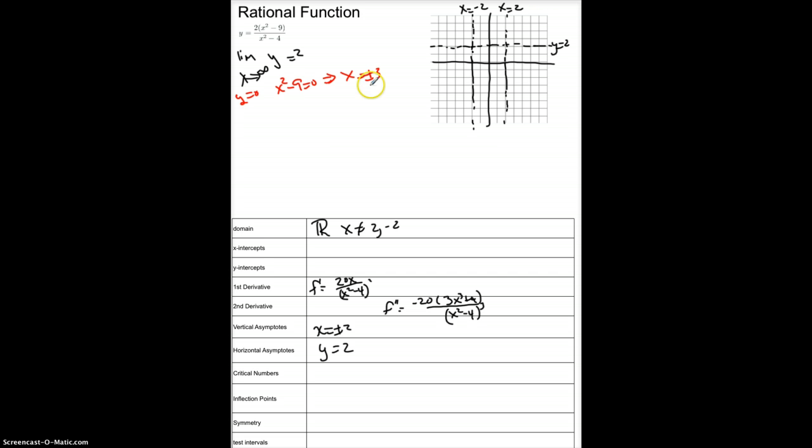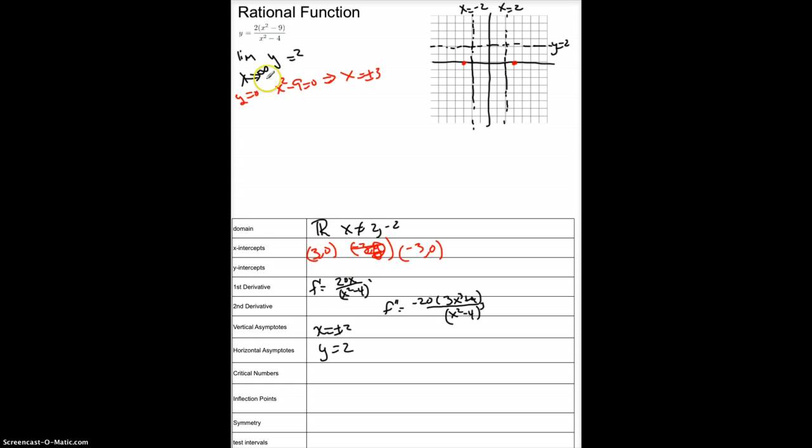So when x is 3, y is 0. When x is negative 3, y is 0. You can put those points in: negative 3, 0, and positive 3, 0.